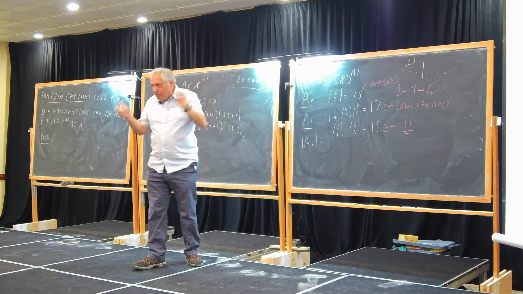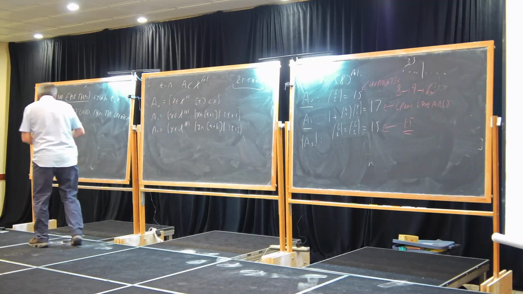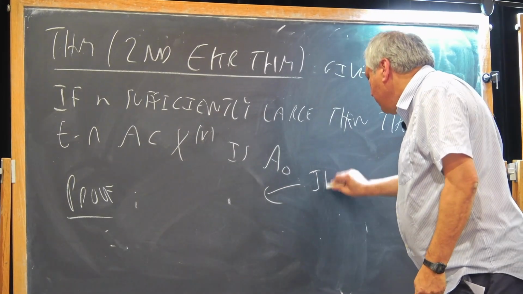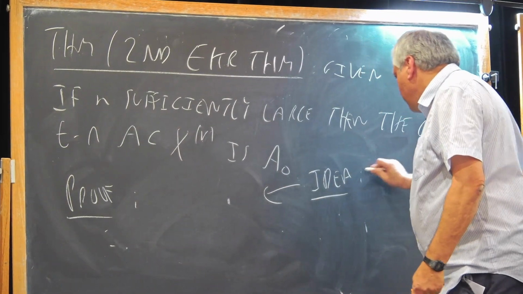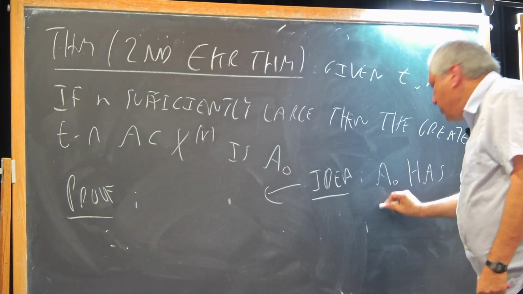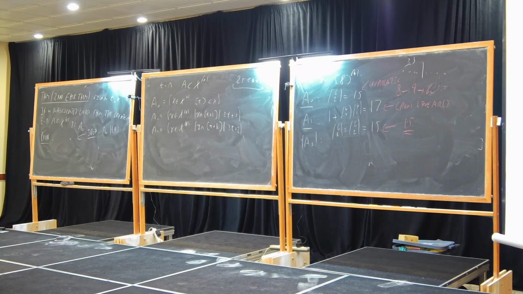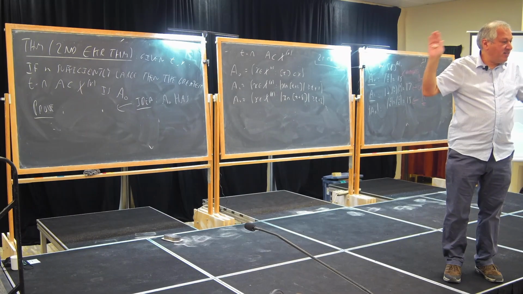So the idea is going to be, A naught has, I guess, r minus t degrees of freedom, right? Oh, yes. Wondering about the way you stated it. So it's the greatest t-intersecting family. I mean, you can't beat that. It's one of the winners, yeah.